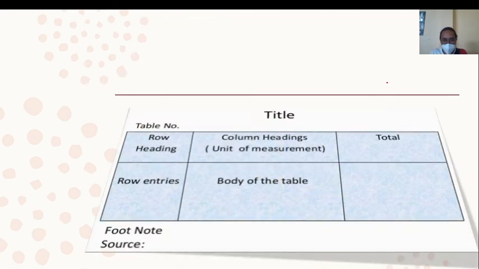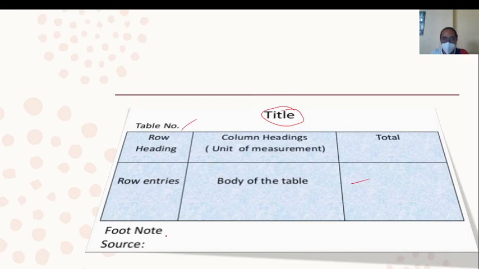Now, here we have an example of tabulation. Table number, footnote, source, or reference. Here we have 3 columns and 2 rows. We have the row heading, the column heading, and the total. Row entries and body of the table. We have the title and the table number.